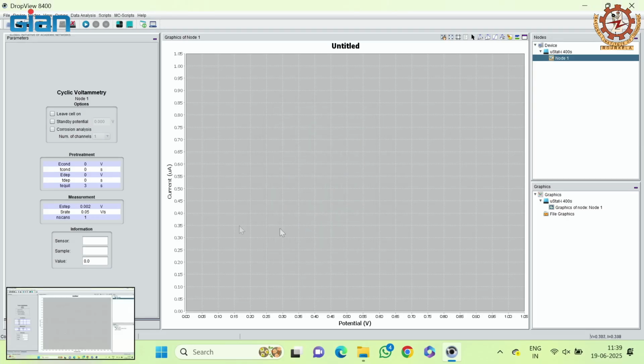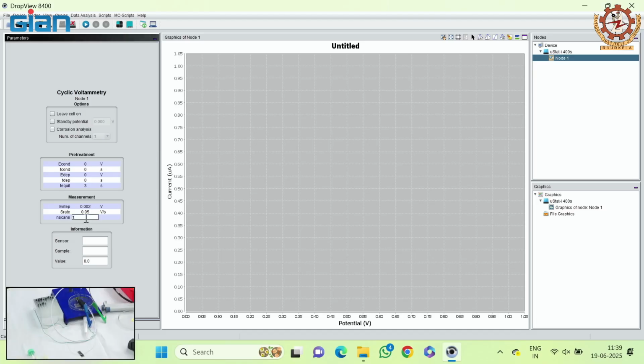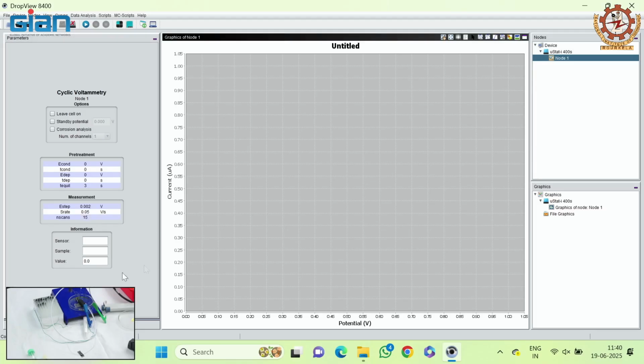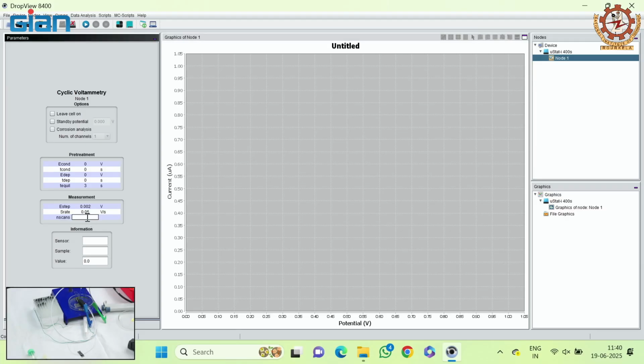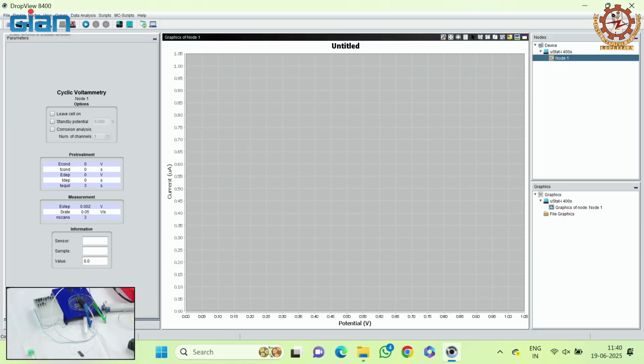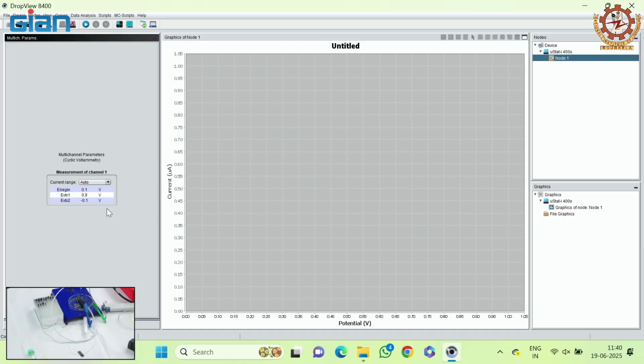So, we select cyclic voltammetry. Since this is just a diagnostic step, we are setting the number of scans at 3. If it had been a functionalization step, we would have actually increased the number of scans.